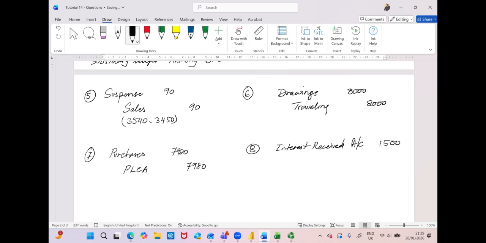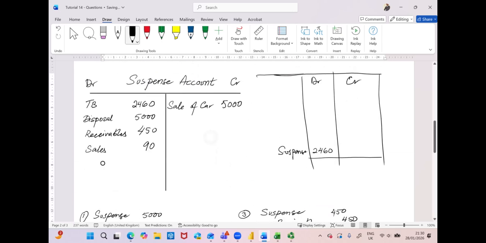So what do we need to credit? We need to bring in the suspense account, and we'll credit the suspense account. So now let's go and update our suspense account. And in the suspense account, I will record 1500 and I will write interest received.